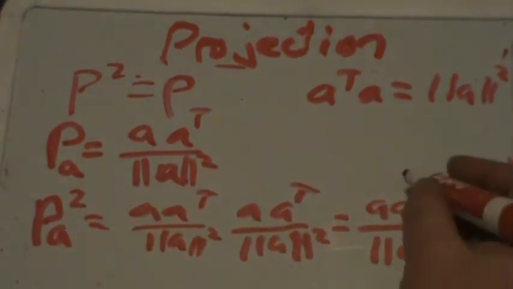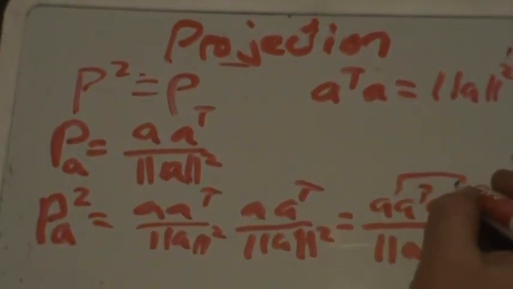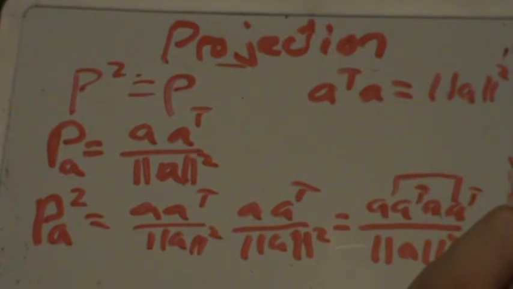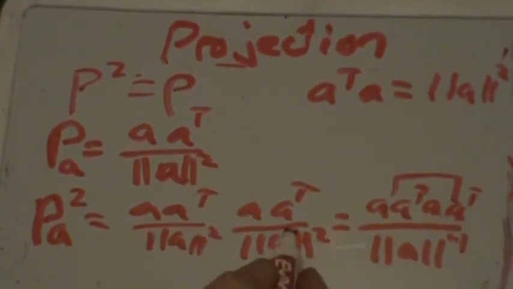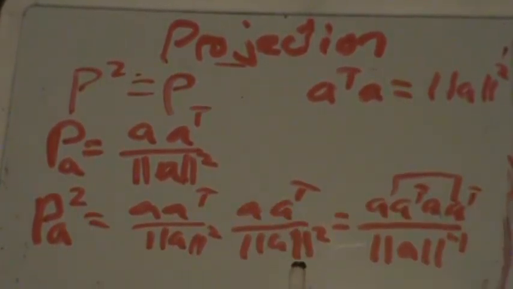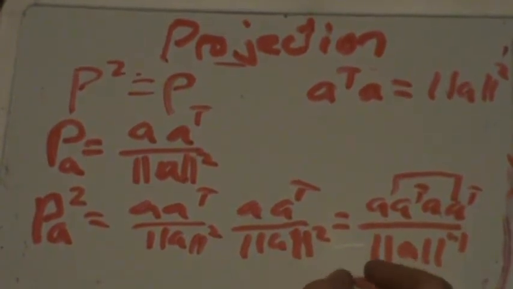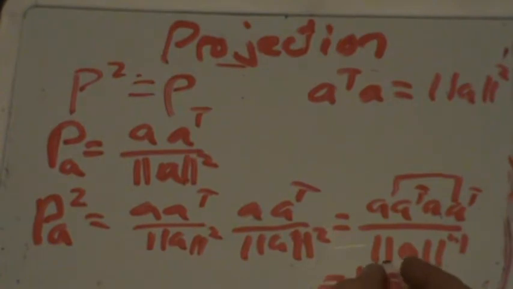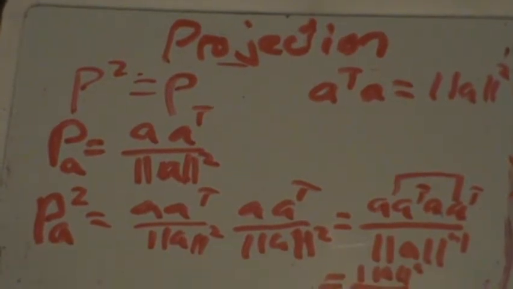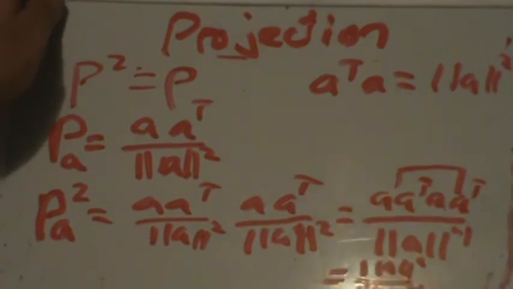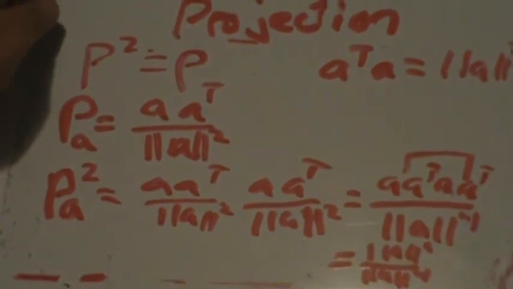So right here, smack in the middle, I have the norm of A squared. That means the top is norm of A squared over norm A to the fourth. Sorry about that. Alright, so now you can hopefully see.